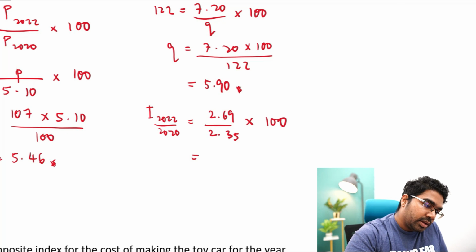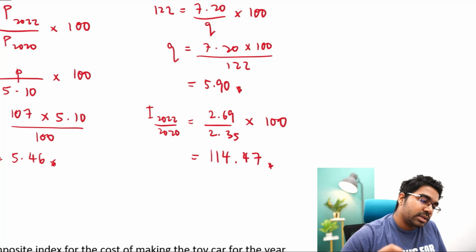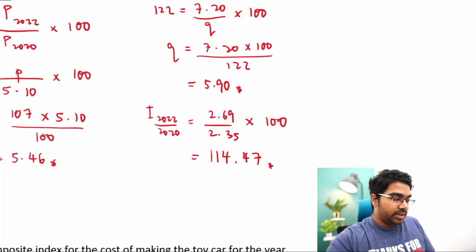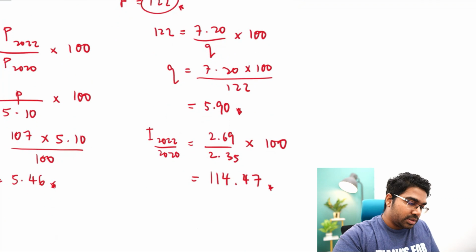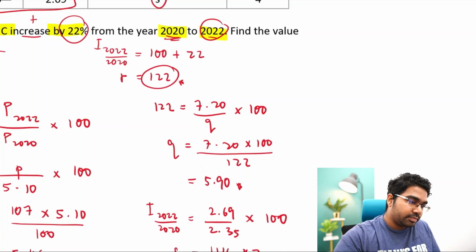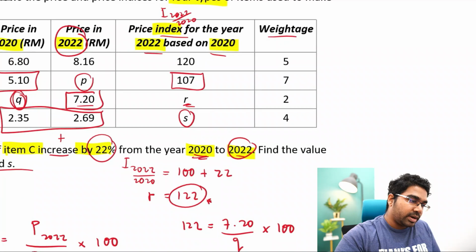Same formula. And so we would get 114.47. This is the index for item D for 2022 based on 2020. So we have found S. So we have found the values of P, Q, R, and S.